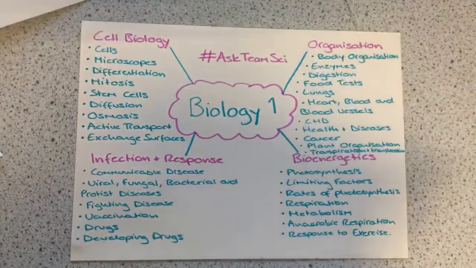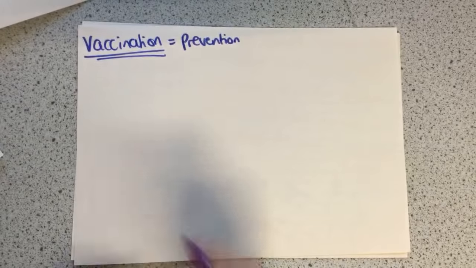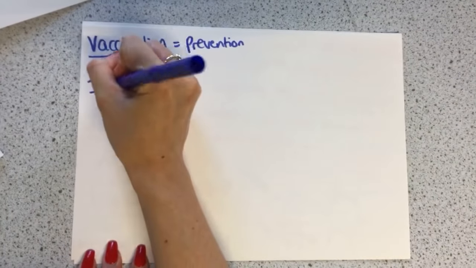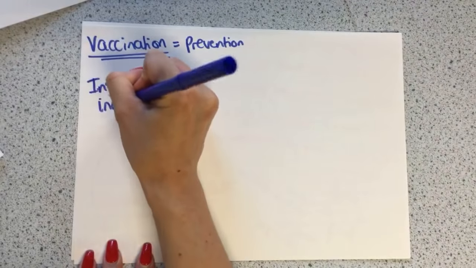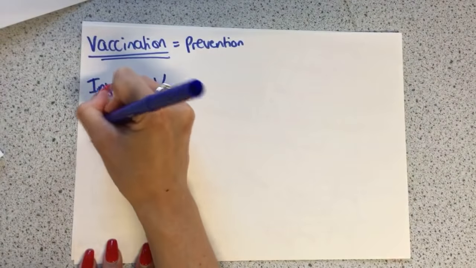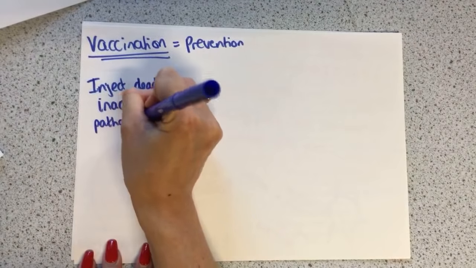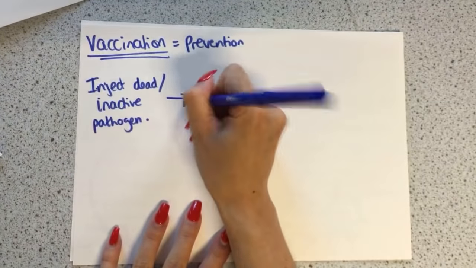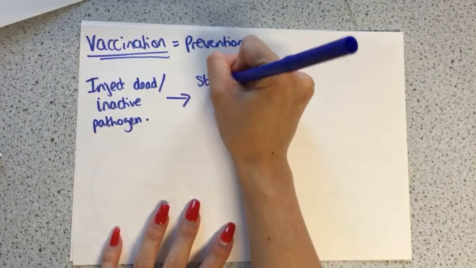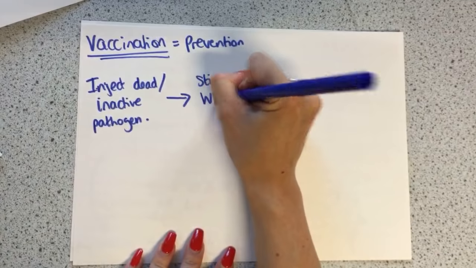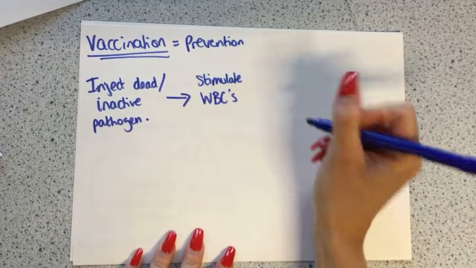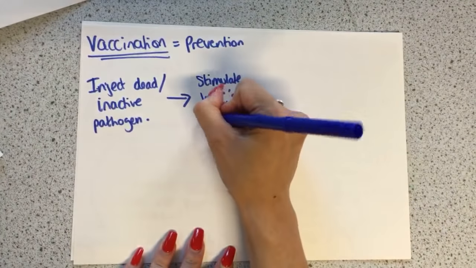Okay, so vaccination is the prevention of a disease, and this is where you inject a dead or inactive pathogen. That will then stimulate your white blood cells, WBC for short, to produce antibodies.